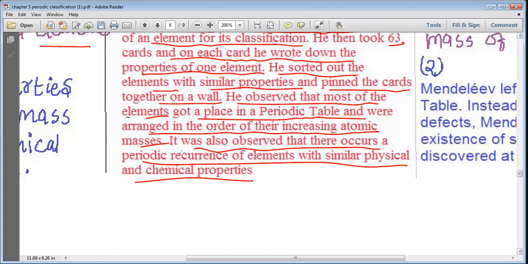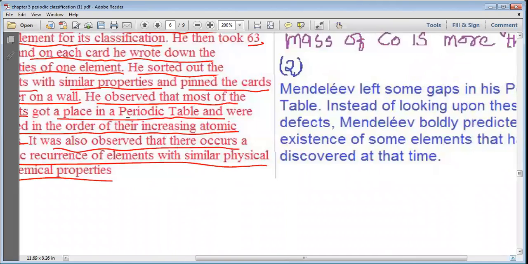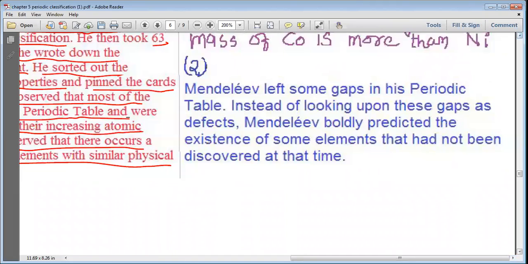Periodic reoccurrence of elements means that after some number of elements, there is a repetition of the physical and chemical properties of the elements present in Mendeleev's periodic table.